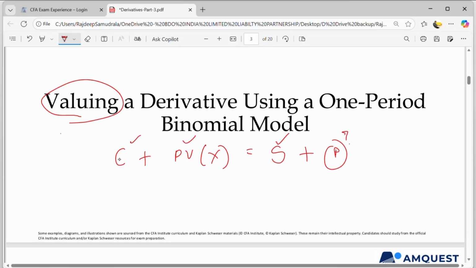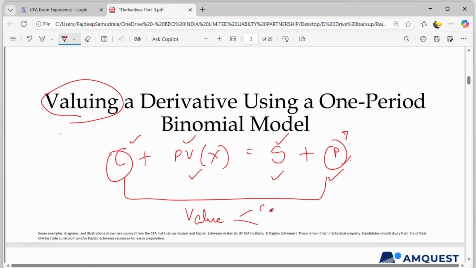Or maybe the missing number is this, and I give you this, this, and this, right? Basically I'm trying to give you the value of a call where a put is available, or a put where a call is available. So I'm trying to connect the call and put, and therefore I'm giving you a call put parity. So this is one way of valuing a call or a put.